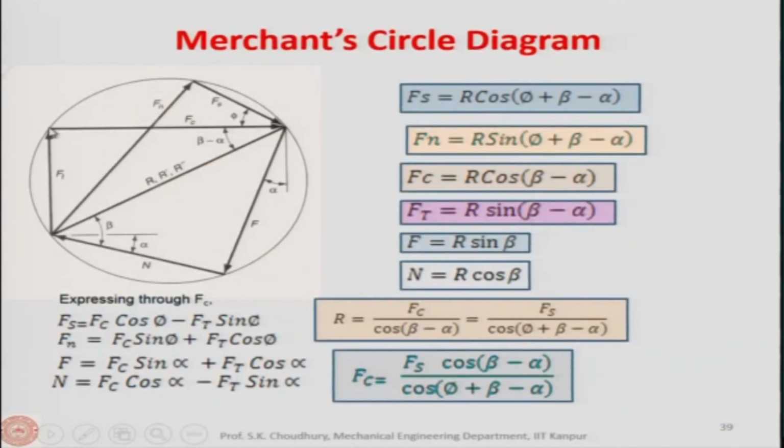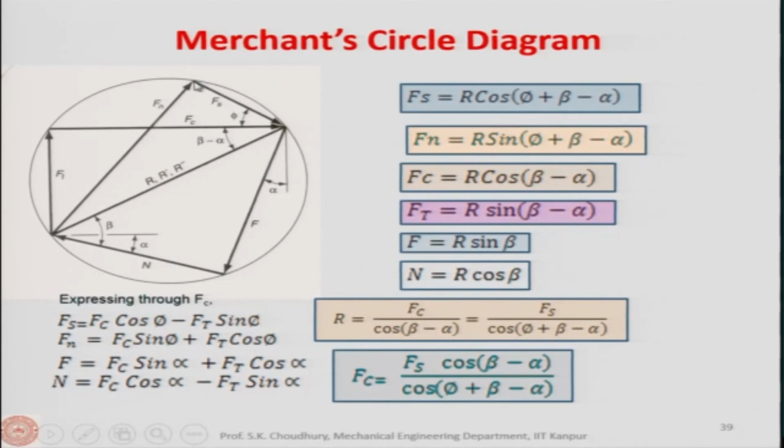Now, if we draw the circle with a diameter of R prime, R or R prime, they are the same, then in that case the tips of all these components will be lying on the periphery of this circle, because all these components Fs, Fn, Fc, Ft, F and N are the resultant components of one and the same resultant force R or R prime.